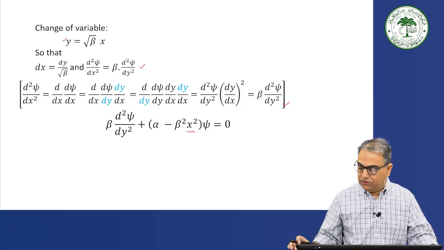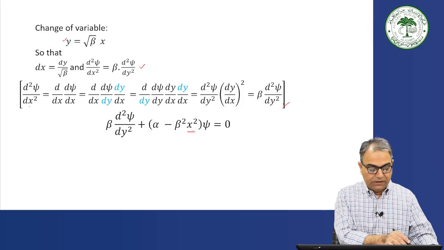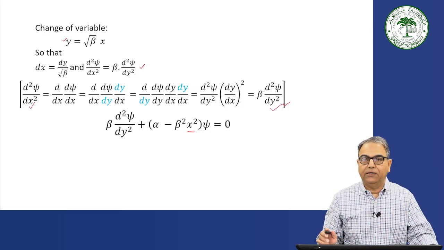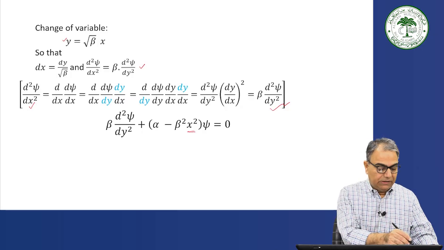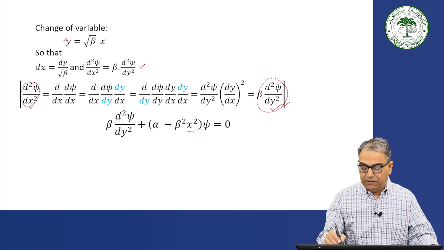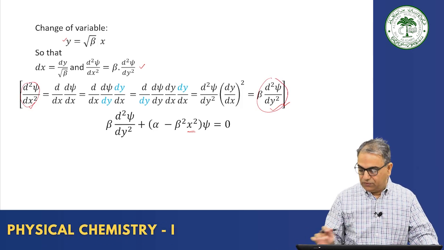We will change this to y and we will see how to change it. The first thing which I have done is that I have used d square psi by dx square, which is equal to beta d square psi by dy square. So this equation we have used in the previous one, and we get this equation.